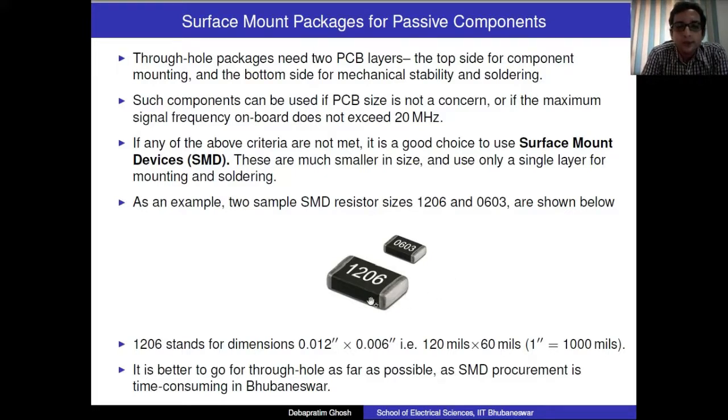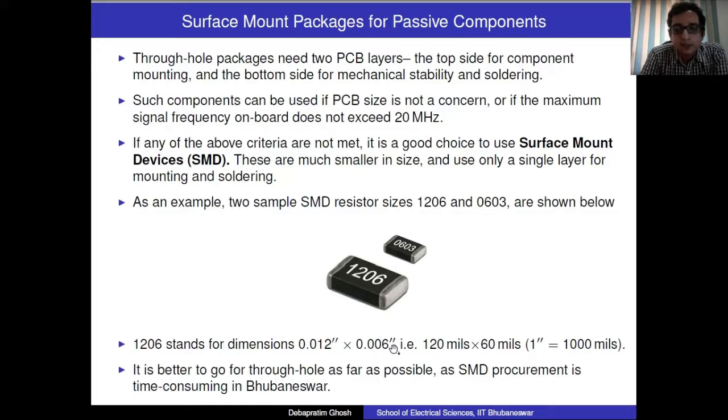So, 1206 stands for 0.012 inch cross 0.006 inch. 0603 stands for 0.006 inch by 0.003 inch, or 120.